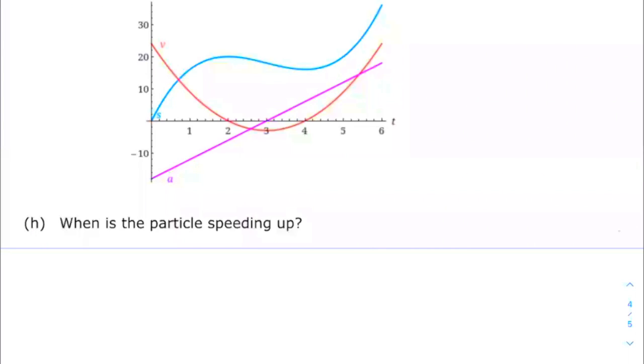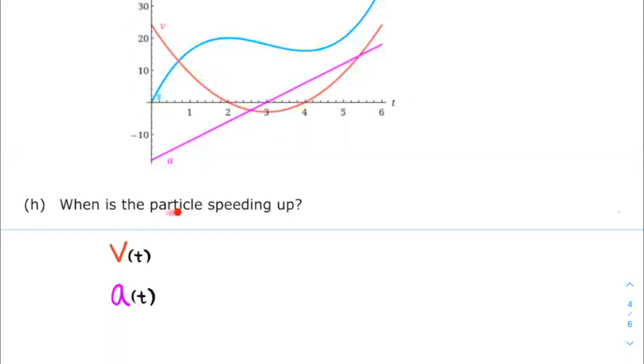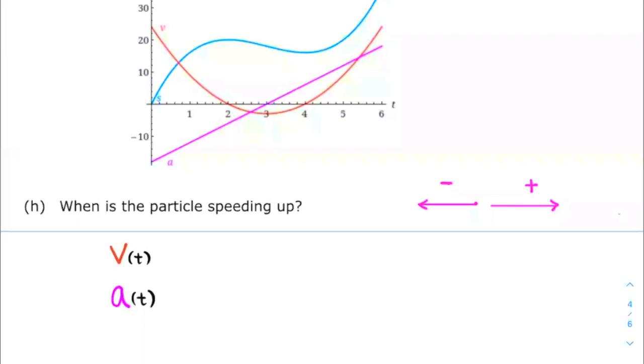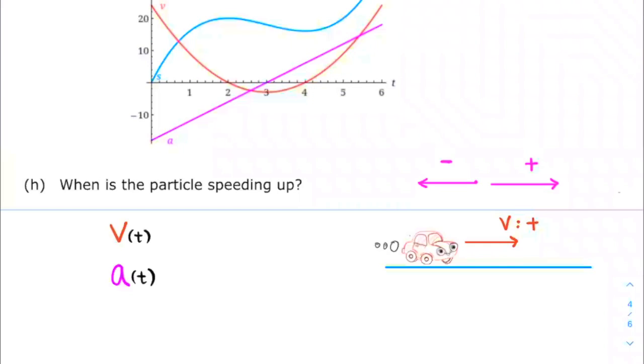Part H. When is the particle speeding up? The particle is speeding up when the velocity and the acceleration have the same sign. For example, if we define going to the right as the positive direction and going to the left as the negative direction, when this object is moving to the right, velocity will be positive.